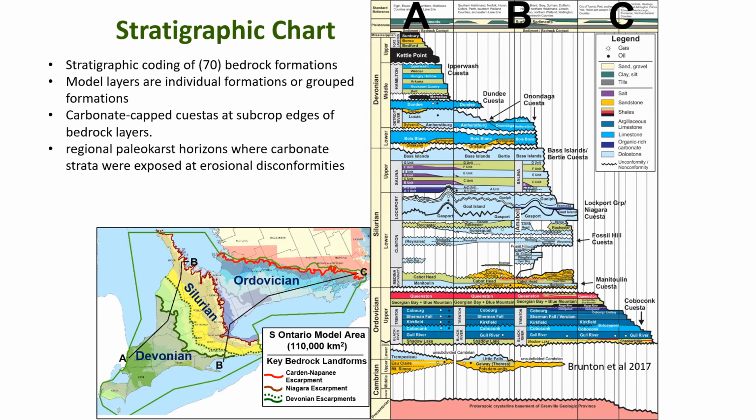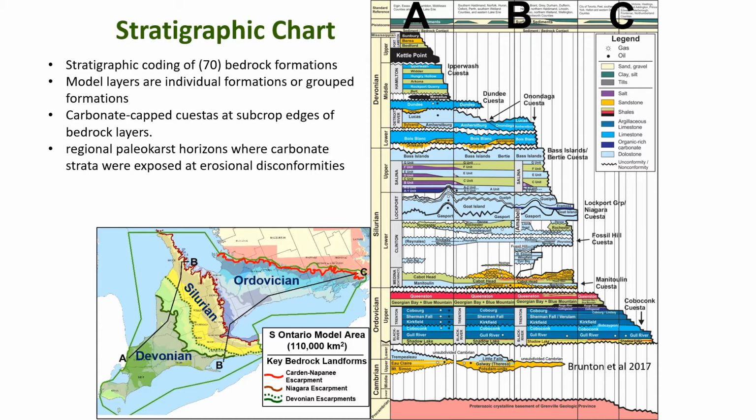This is a stratigraphic chart of the Paleozoic bedrock formations in southern Ontario. It is used to guide the stratigraphic coding of model layers. Model layers represent individual formations or grouped formations where necessitated by data quality, quantity, or thin formations.